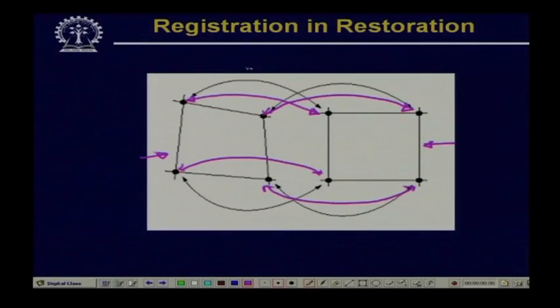So, the kind of restoration that can be applied here is something like this. Say, if I have an original point, say x, y in the original image, and this point after distortion is mapped to location, say x prime, y prime.